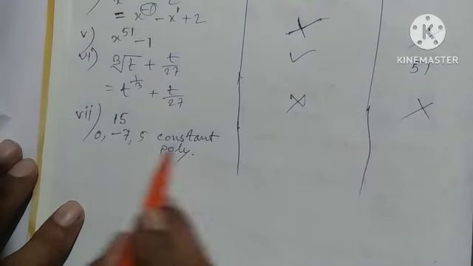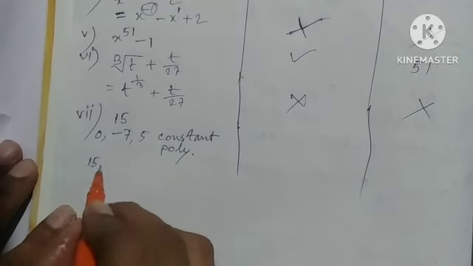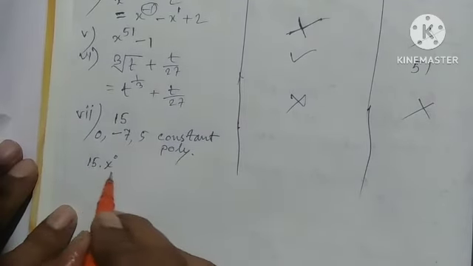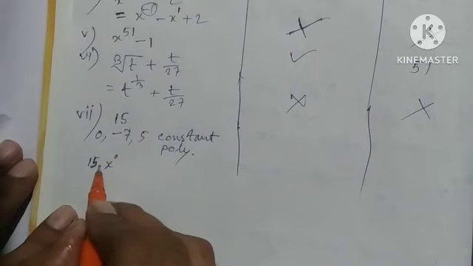So these are polynomials because you can write 15 into x to the power 0, because x to the power 0 is equal to 1. So 1 into 15 is equal to 15.